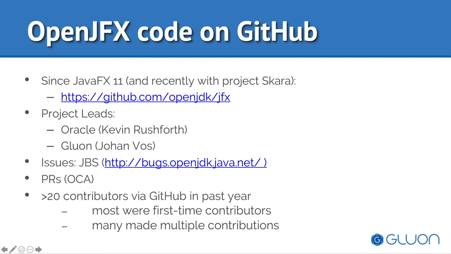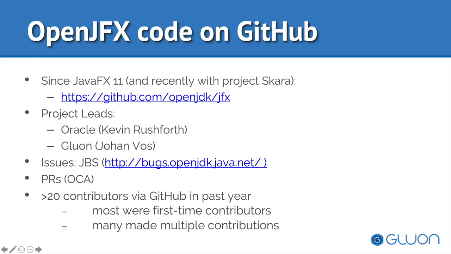And then you will find in the discussion of that JBS issue the reasons why things are changed. Typically a test case that failed before and that succeeded after. And this is really very important for large complex projects like OpenJFX or OpenJDK, of course.